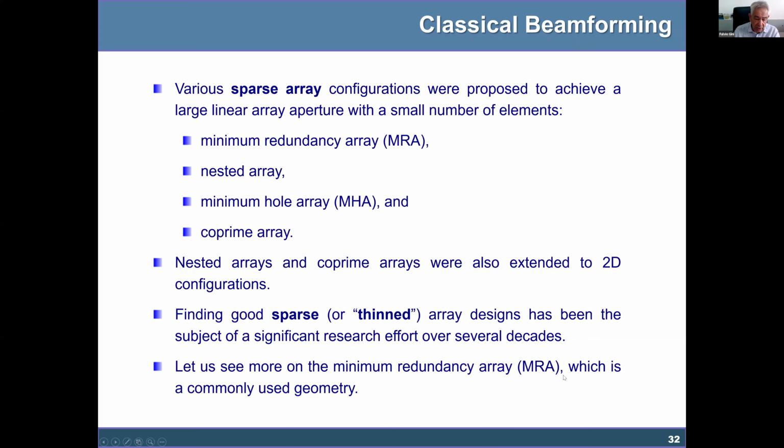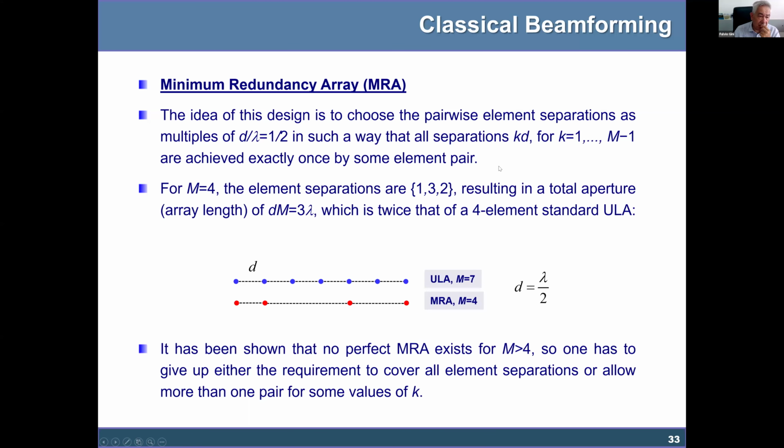Okay, so let's consider the minimum redundancy array. What does it mean? If you have a ULA, for example this ULA with 7 elements, you can see that the distances between elements are d, 2d, 3d, and the largest distance between the first and the last is (M-1)d.